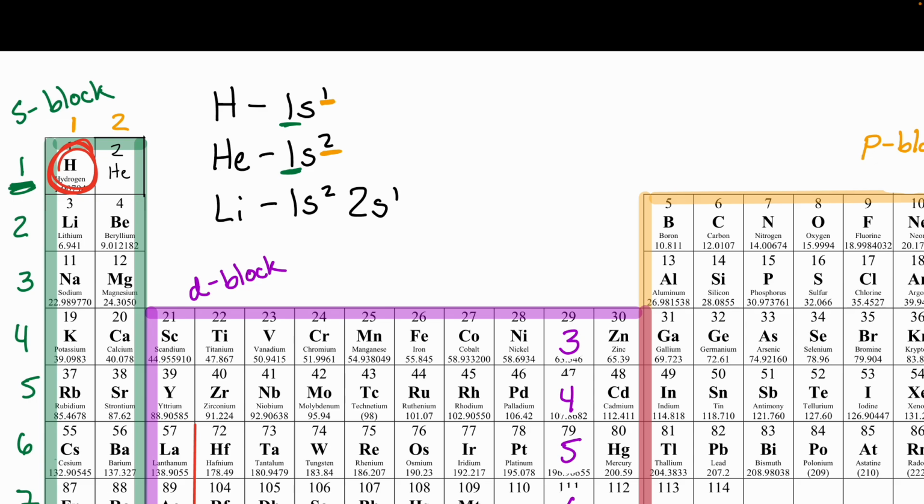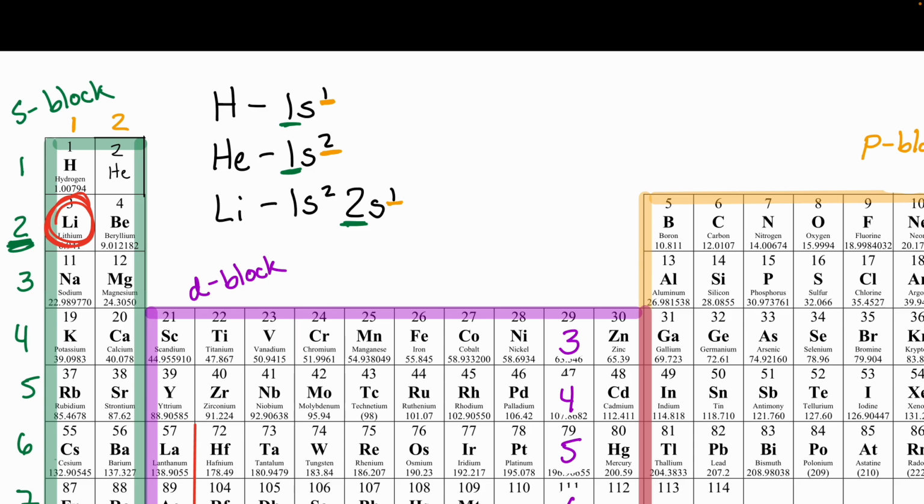Then we get down to lithium. Lithium is now in the first column of the 2s row. So that tells me what the last orbital in my electron configuration is. An element's position on the periodic table tells you the last orbital in its electron configuration.